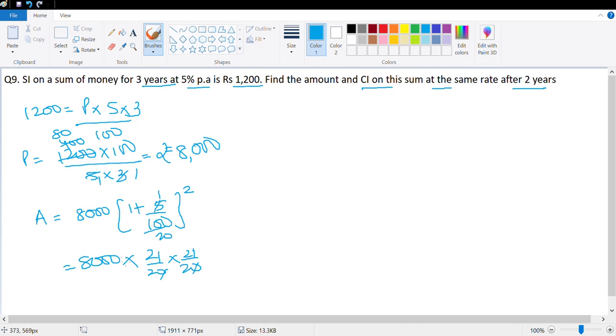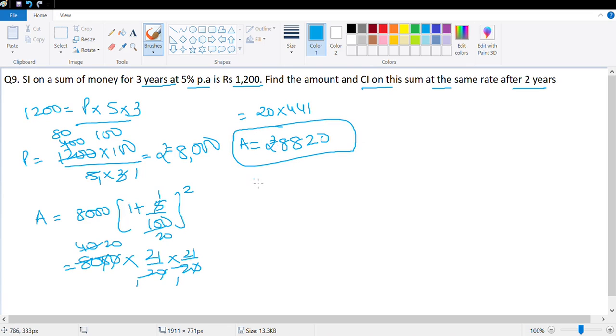So these two zeros get cancelled, 2 1 to 40, 2 1 to 20. So this is 20 into 441. So 441 into 2, that's 882 with a 0. So amount is equal to 8820. Compound interest is equal to 8820 minus 8,000, which is equal to rupees 820.